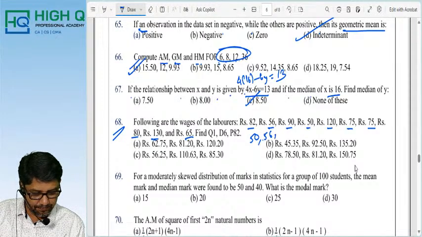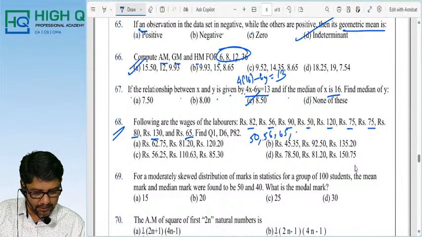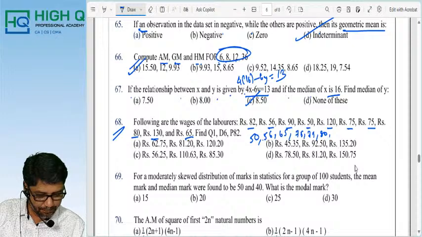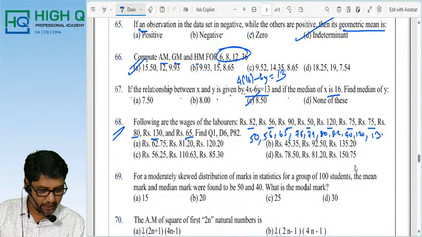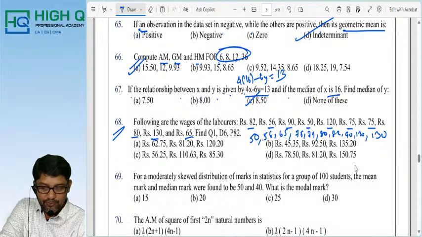Next. 70. Next. Again 75. Next. What? 80. Next. 90. 120. 130. Total 10 observations.